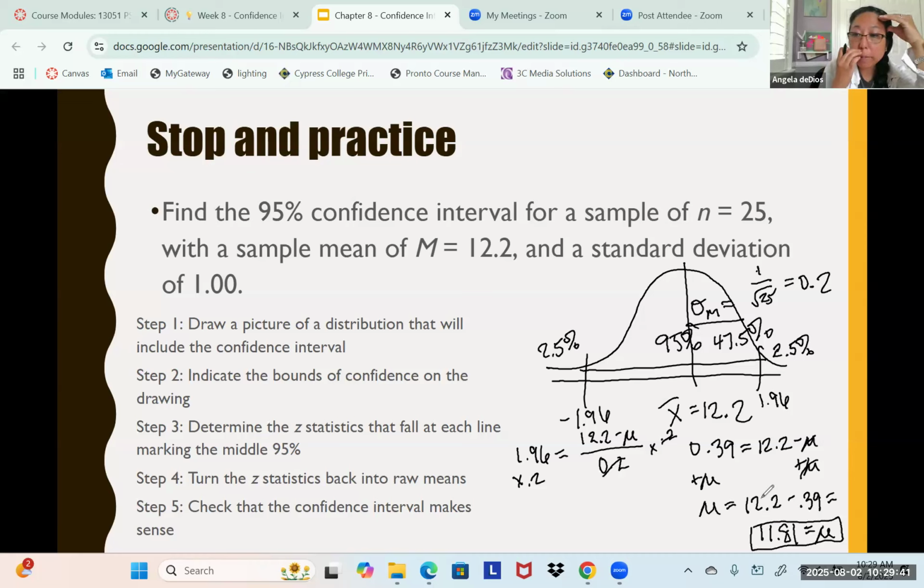All right, so this is one side of my interval, my confidence interval.